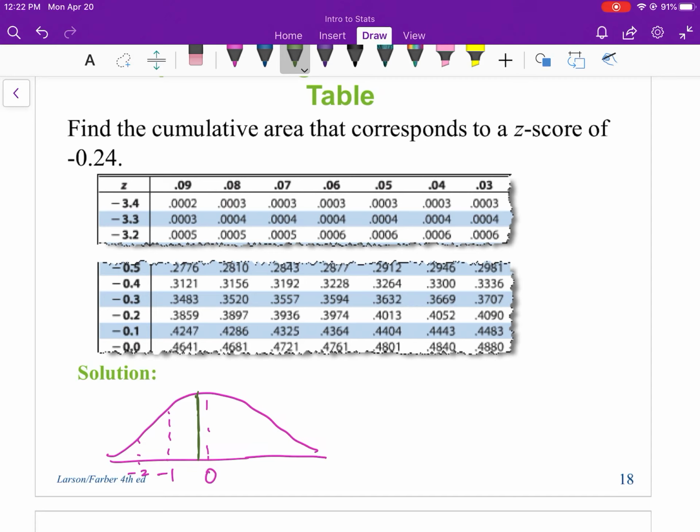I want to find the area that corresponds to that z-score, this area right here. On my table, I'm going to go to negative 0.2, then look up the 4 hundredths. Where those two intersect, that's my area.